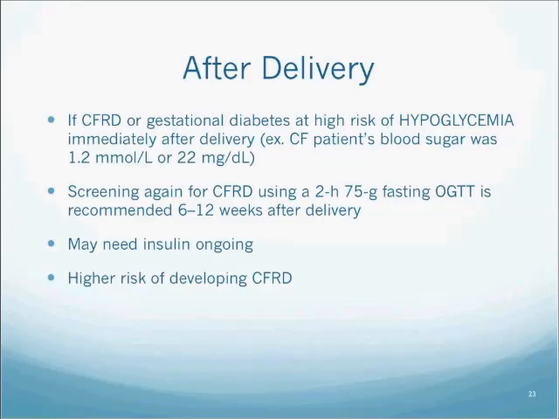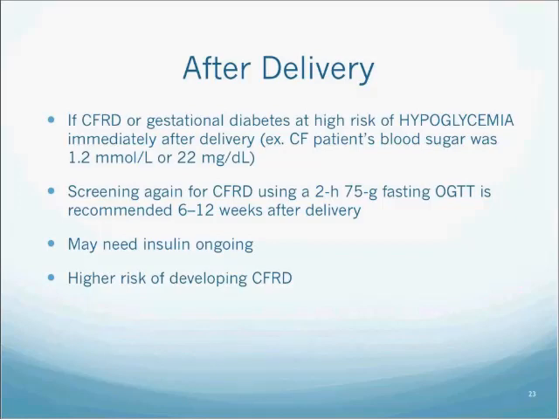At delivery, it's important to note that if a patient has CFRD or gestational diabetes, they have a high risk of hypoglycemia immediately after delivery. We've had cases where a patient's blood sugar dropped to 1.2 immediately after delivery. So it's really recommended that women with CF do not have an insulin infusion.